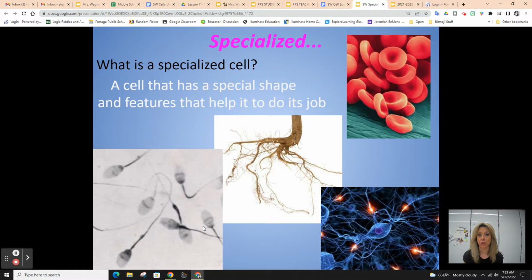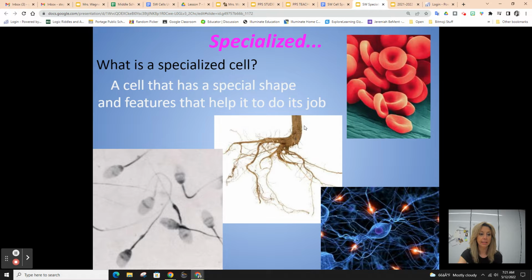So what is a specialized cell? What does it mean for a cell to be specialized? Very similar. A cell that has a special shape or features that help it do its job. So we see a whole bunch of different cells and tissue here in the plant, the roots, and they are designed in a way to be able to perform their function.